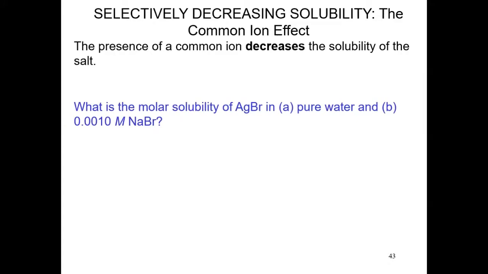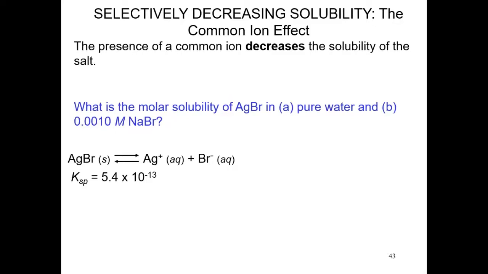right? So let's start out by saying, what would be the molar solubility of silver bromide in pure water or in 0.0010 molar NaBr? All right, let's start out with silver bromide. Remember, we had already found out that for silver bromide, dissociating into its ions, the Ksp was 5.4 times 10 to the minus 13.